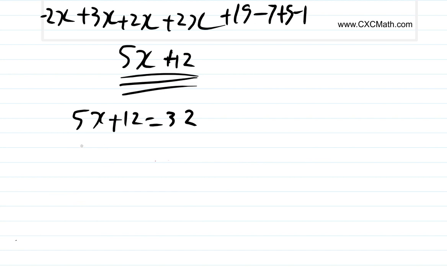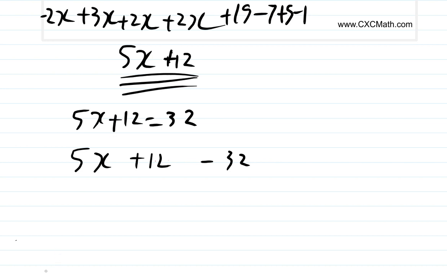So we're going to subtract 12 from both sides. 5x plus 12 equals 32. No, it's subtract 12 from both sides.